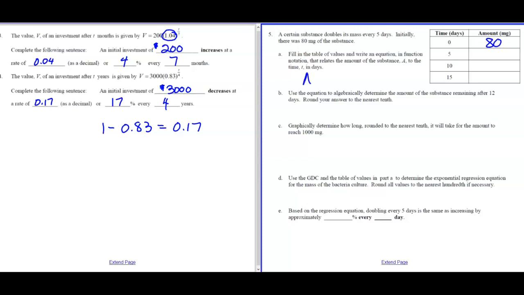So remember, function notation means A of t equals. All right, so it says it doubles every 5 days, and there isn't anything in between, so we know that you can just put the doubled value in here, so 160. Another 5 days, that's going to be 320. Another 5 days is 640.